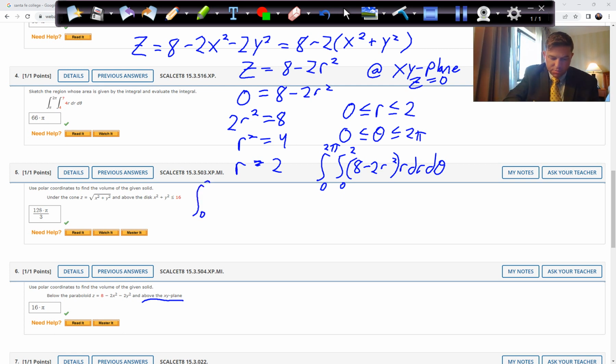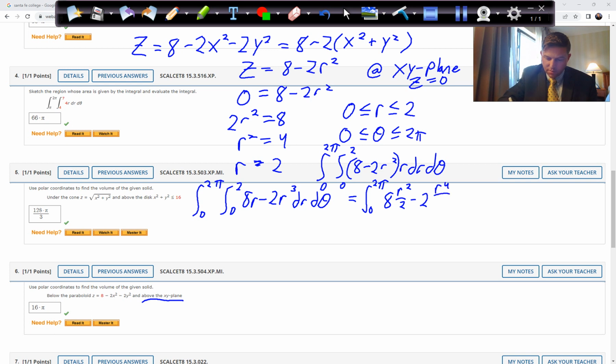We'll get 0 to 2 pi, 0 to 2, 8r minus 2r cubed dr d theta. And that's going to equal 0 to 2 pi, this is going to be 8r squared over 2 minus 2r to the 4th over 4, from 0 to 2, d theta. This is 0 to 2 pi.